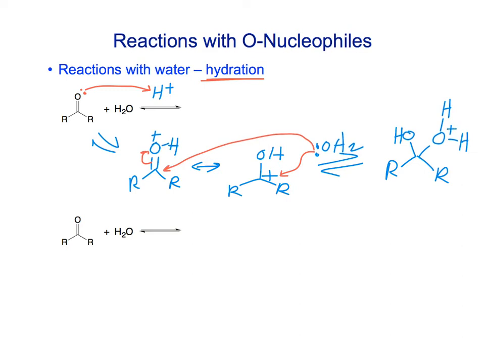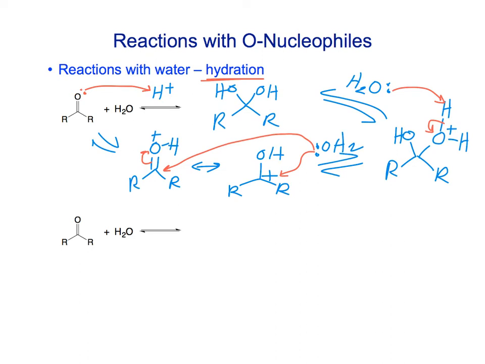Then we're just going to deprotonate this to get to our product. I'm just going to use a water molecule to pull off this proton, and we form our hydrate, the product of the hydration reaction.